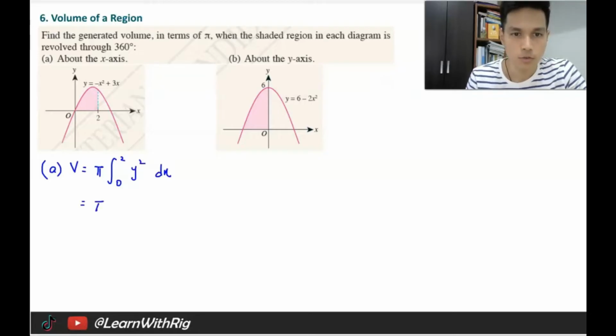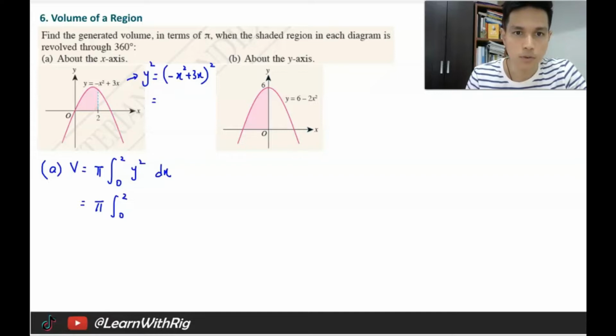So what is y squared? Your equation here is y, it's not y squared, correct? So if you want to find y squared, you must square both sides. So it becomes y squared equals to (negative x squared plus 3x) squared.